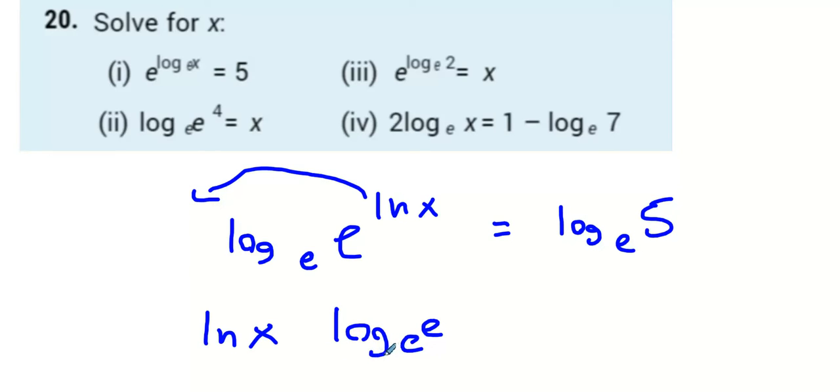It's 1. And what's this? Would you agree that's ln 5? Compare both sides. ln is ln, which means x equals 5. They're the same thing, aren't they? So that's how you do that one.